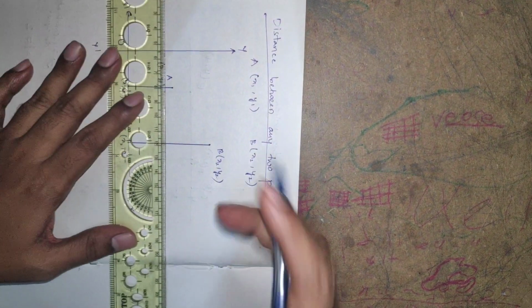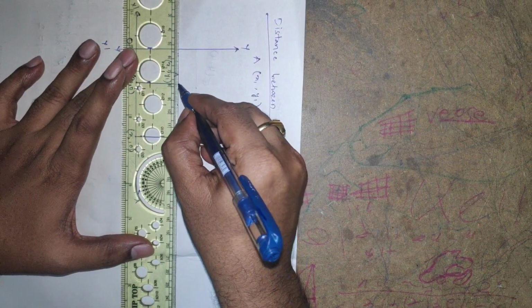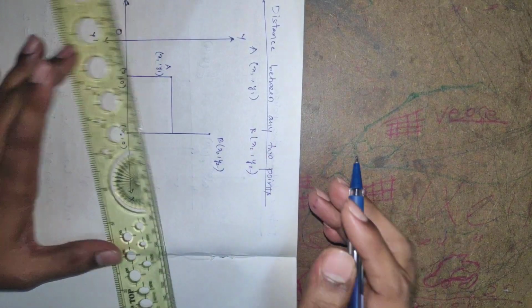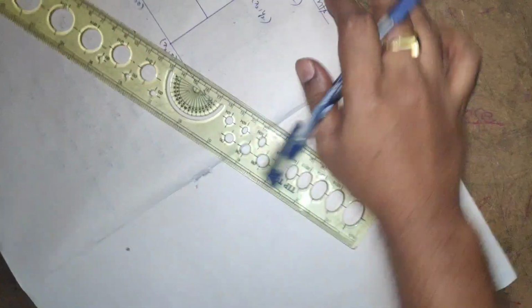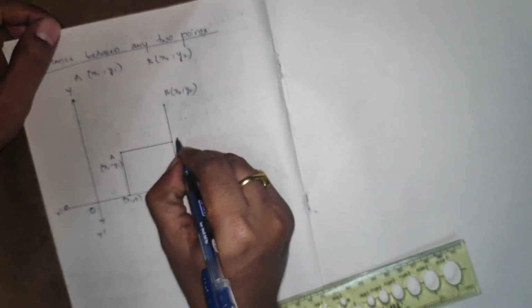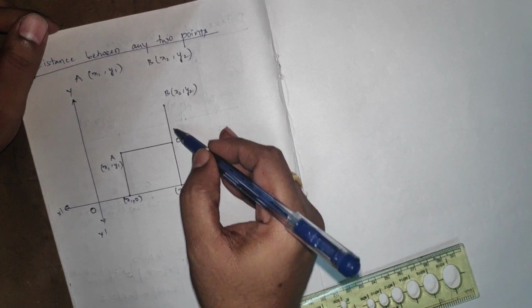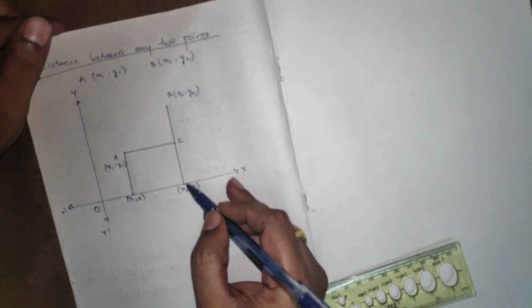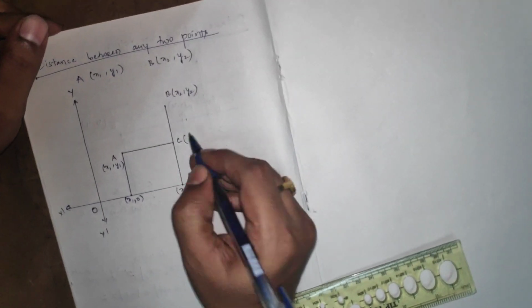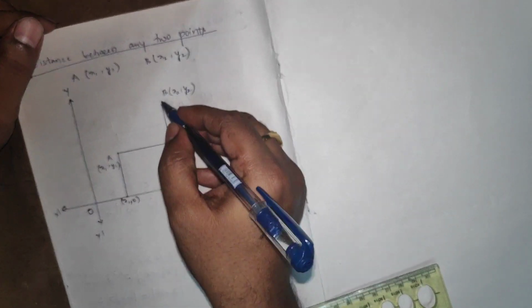Let me draw a parallel line to the x-axis from A onto the perpendicular drawn there. Both intersect at a point C. As C is also a point on the perpendicular drawn here, these 3 points will have x coordinates equal.